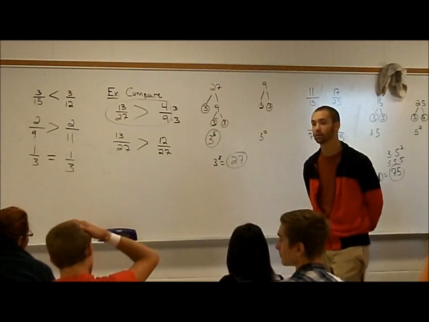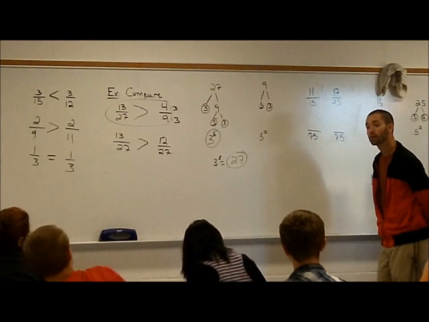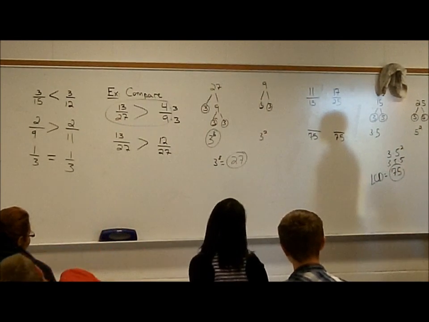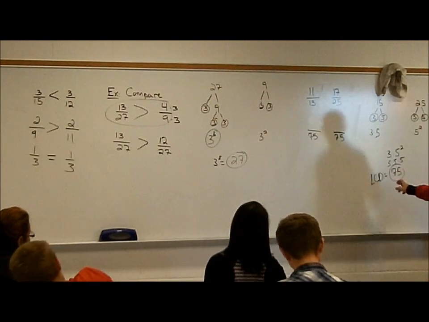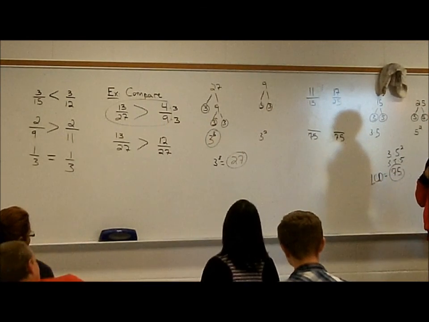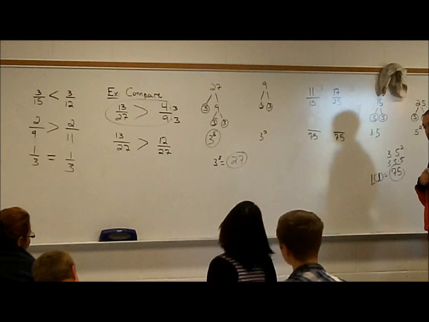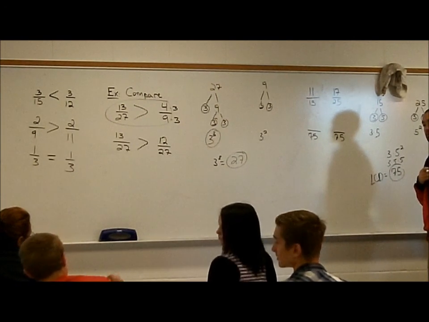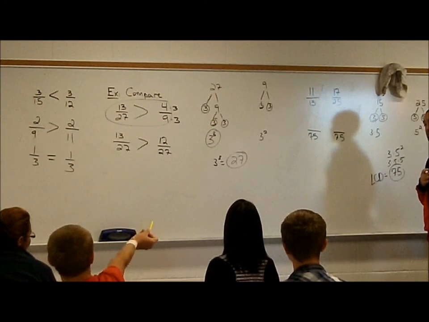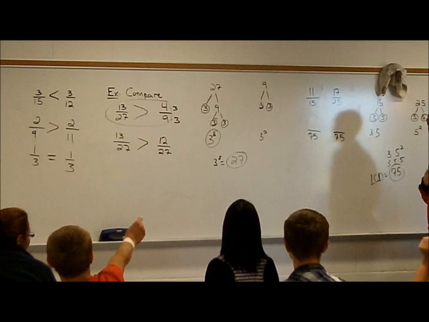Kobe, what got you 75? How did I get 75? I did it a different way, but it gets the same answer. I just get my denominator, and then I take the 15 and the 75 and divide that.